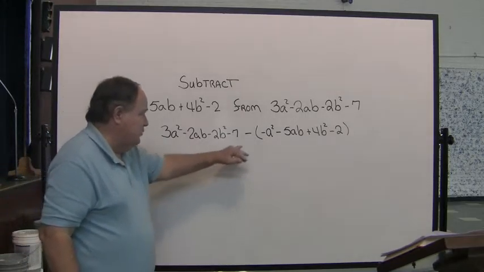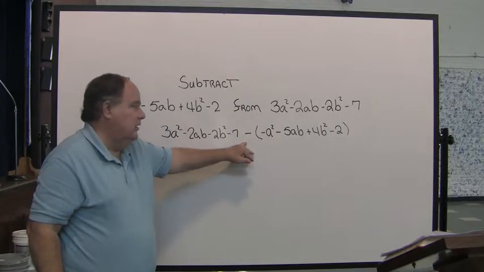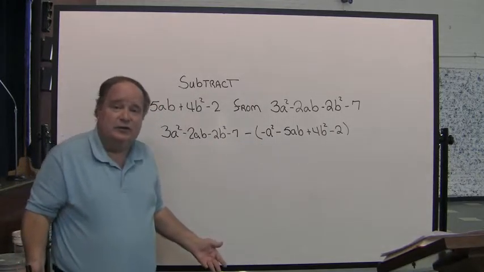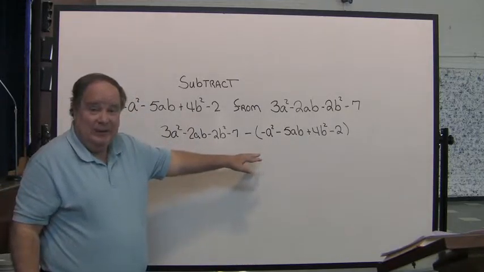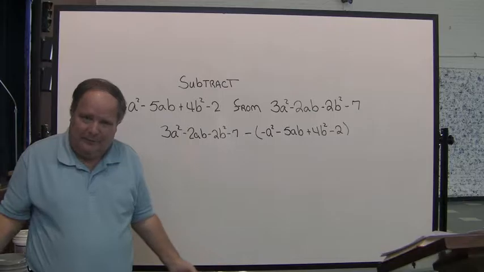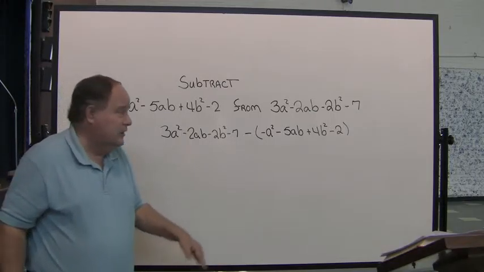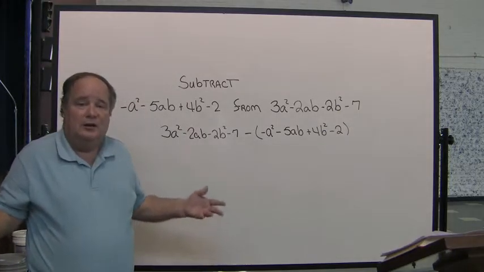Do you see this subtraction sign here? Every single term inside my parentheses, the sign has to change. Now, Miss Moran always calls these guys wild and scary animals. Before we let them out of the parentheses, we've got to change their names so we know who they are. The way they are now, we don't know if they're scary or not. They're going to eat us up or what.